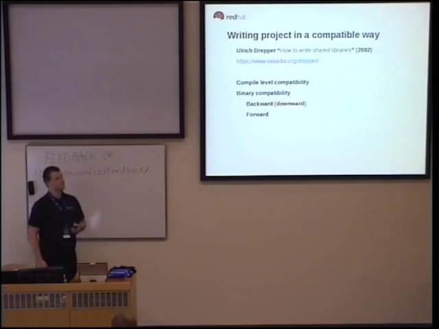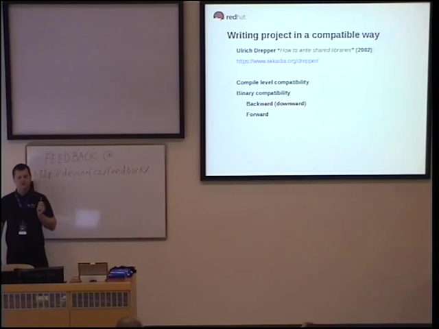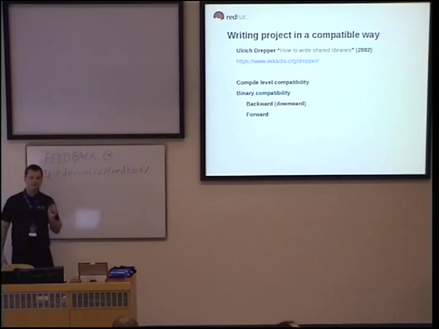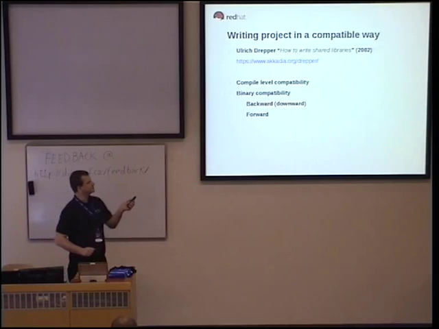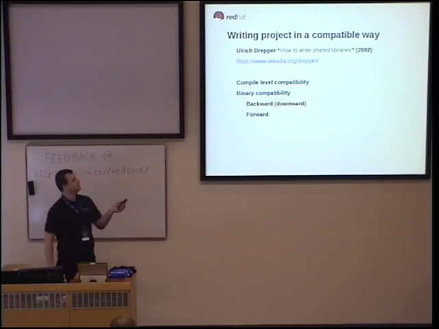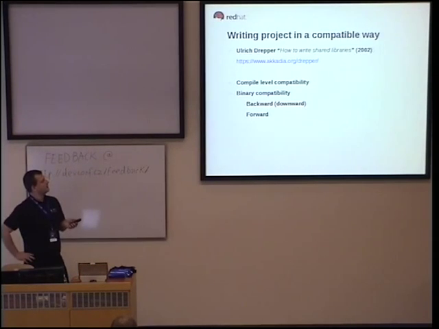So this talk is not going to be about reproducing the Ulrich Drepper talk, which is quite old already. I think it was released in 2002, available at this URL.